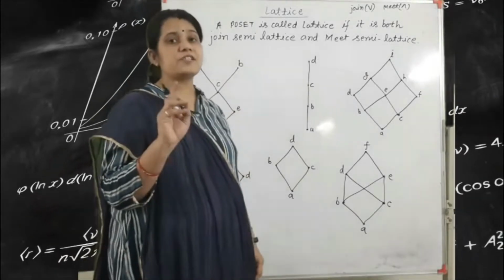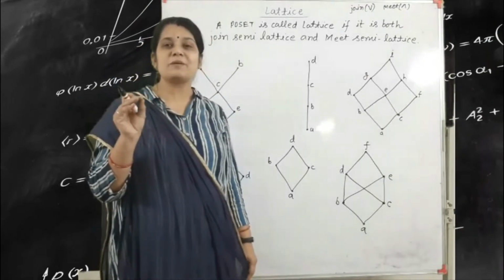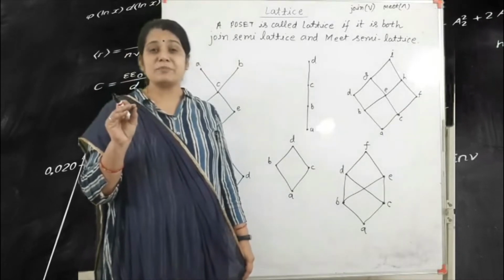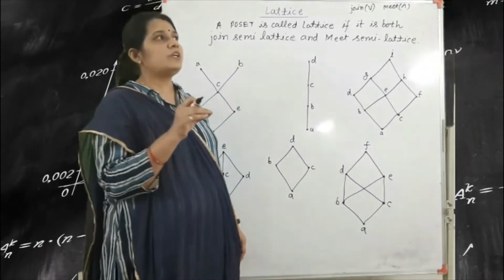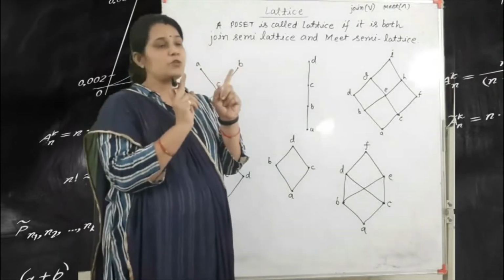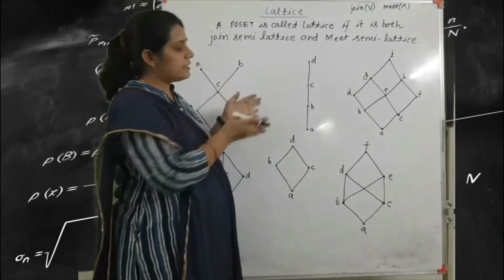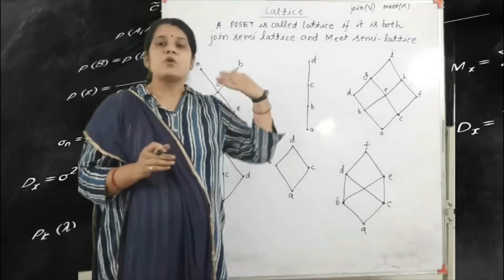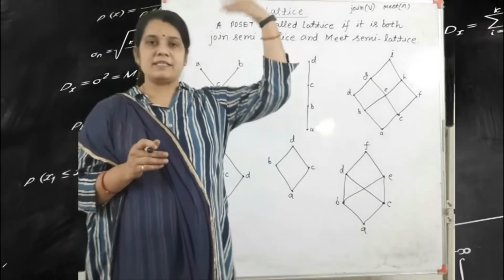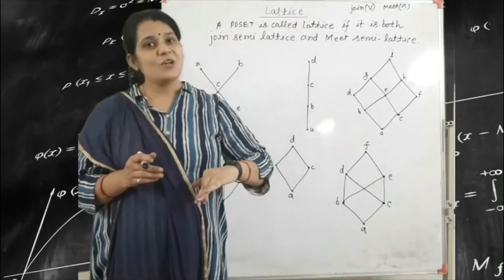Don't be confused here, join and meet, because these two names are very confusing. Join means the top of the Hasse diagram and meet means the bottom of the Hasse diagram. So always keep in mind, join means the upper side and meet means the lower side.